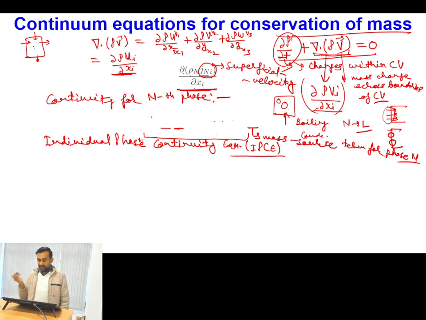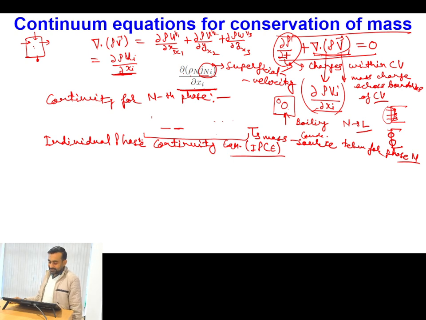For a typical single phase flow within a control volume, everywhere we have the same type of fluid present, and across the boundary also the same fluid. But when we consider a multi-phase flow, then we can have a mixture of multiple phases present in a control volume.